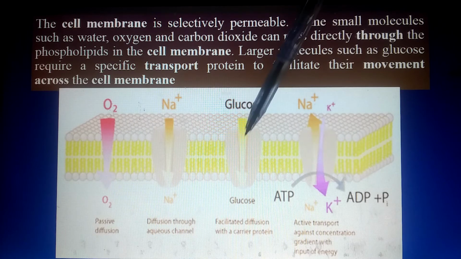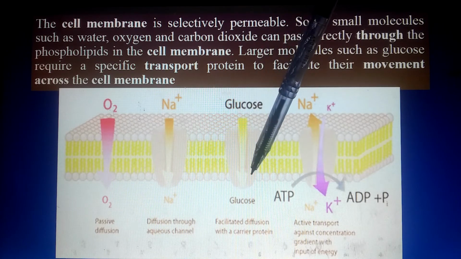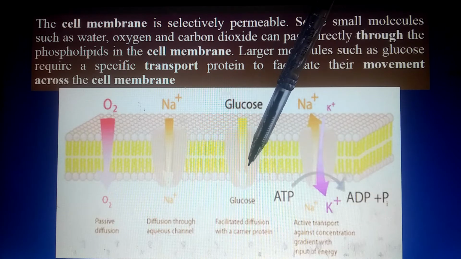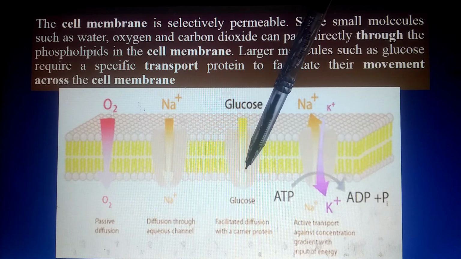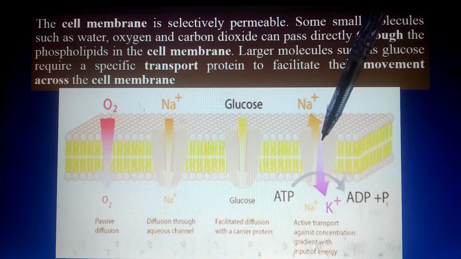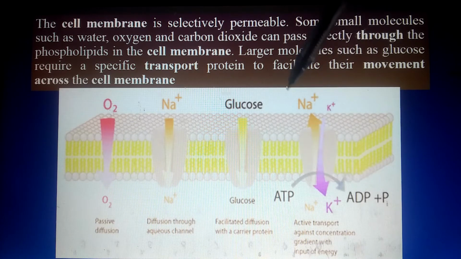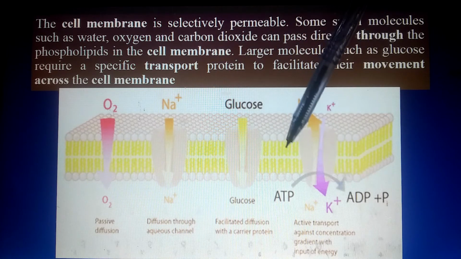So this sort of diffusion is known as facilitated diffusion. Proteins carry the large molecule across the cell membrane. Is it clear? So the last one, active transport, is against the concentration, from lower to higher concentration, and needs energy. The concept is clear now?